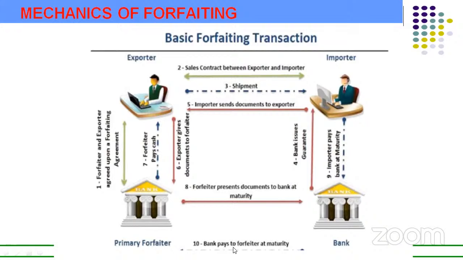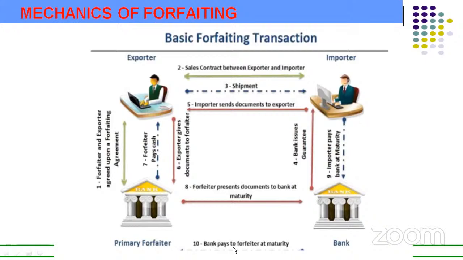So the instrument can be a letter of credit, bill of exchange, promissory note, or any other freely negotiable instrument on a non-recourse basis. The forfeiter deducts interest in the form of discount at an agreed rate for the full credit period covered by the notes.